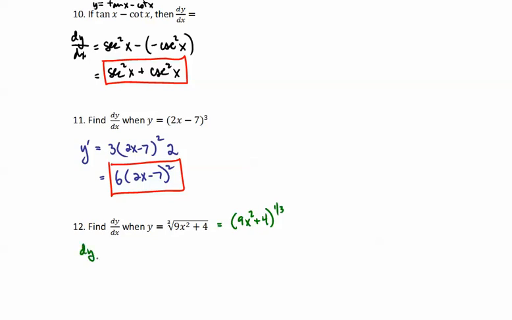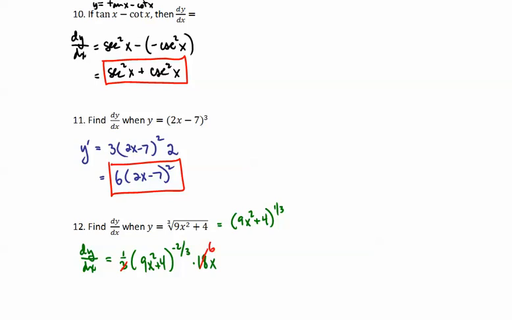Taking the derivative then, we will get 1/3, leave the inside alone, reduce the exponent by 1, and multiply by the derivative of the inside, which would be 18x. And now the 18 divided by 3 will give you 6 there.